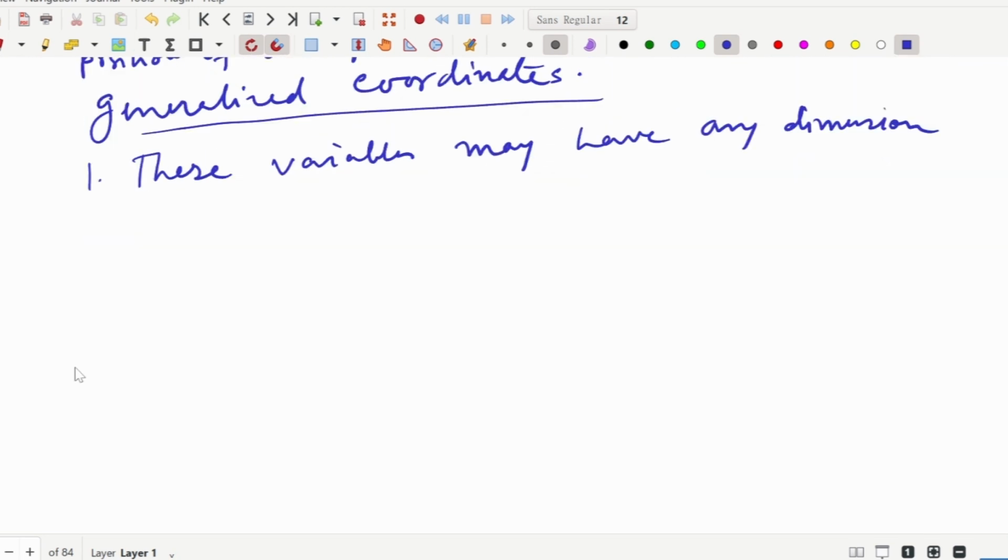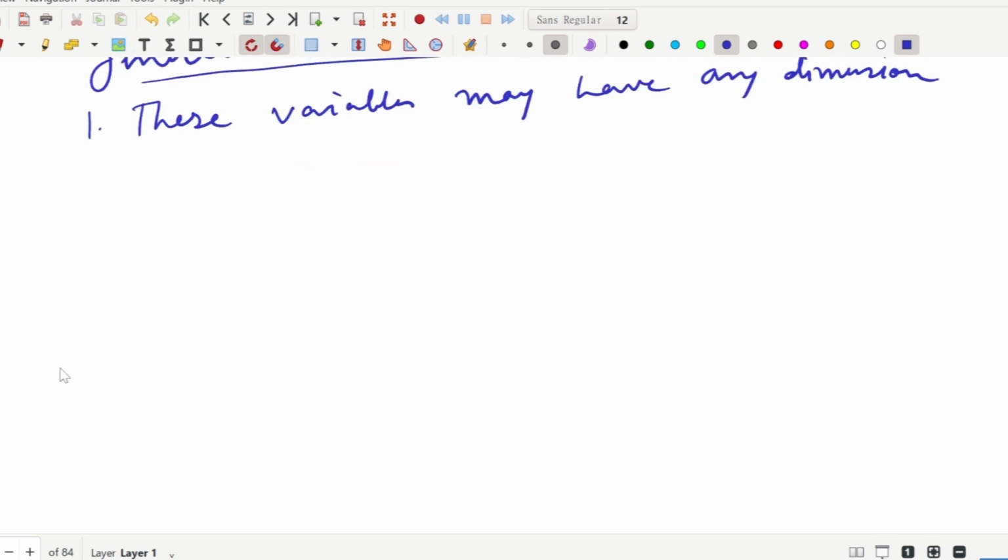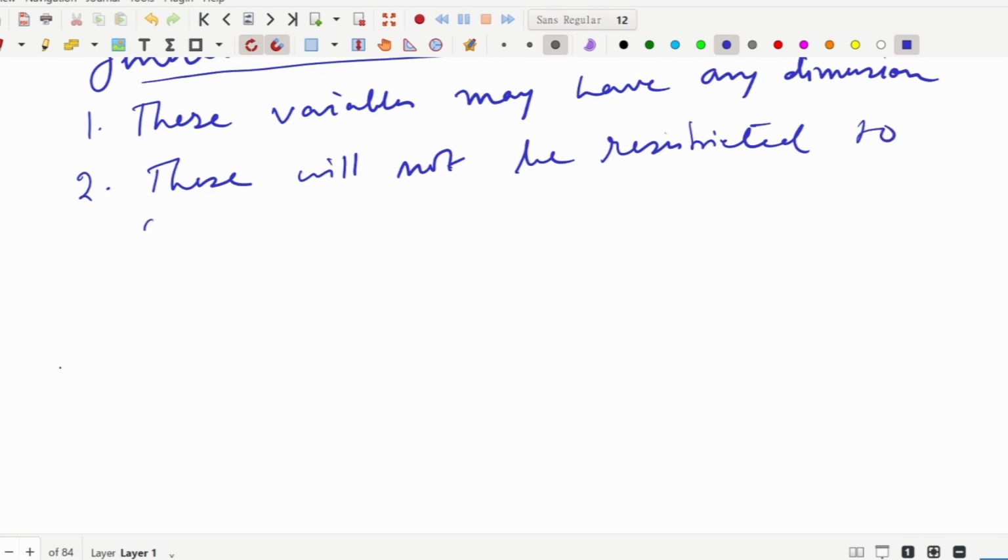It can be a dimension of length, it can be dimensionless, it can be any other dimension, and these will not be restricted to a particular coordinate system. Okay, so this is the generalized coordinate.